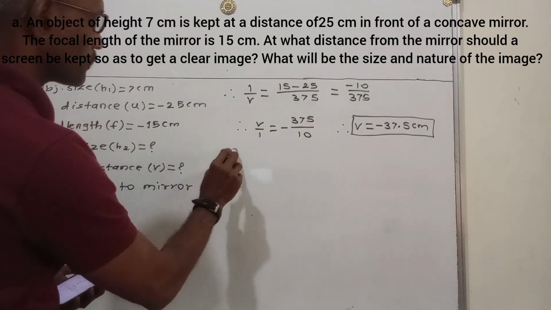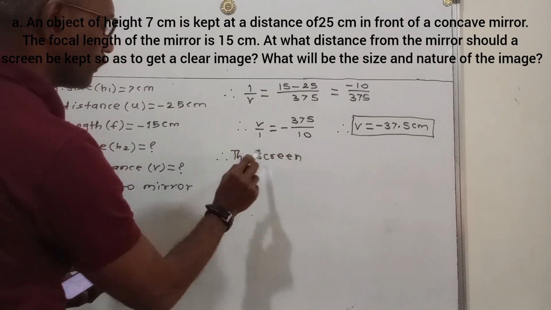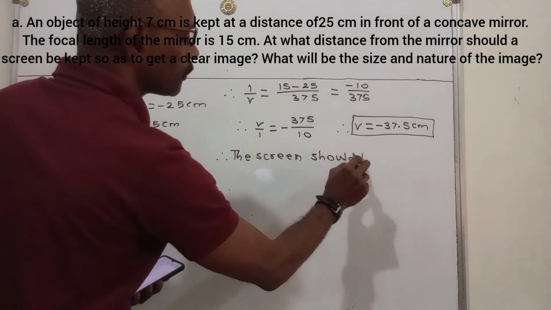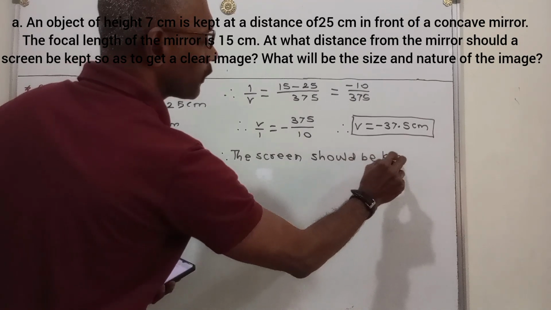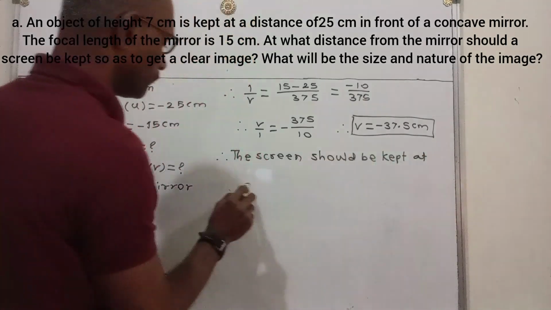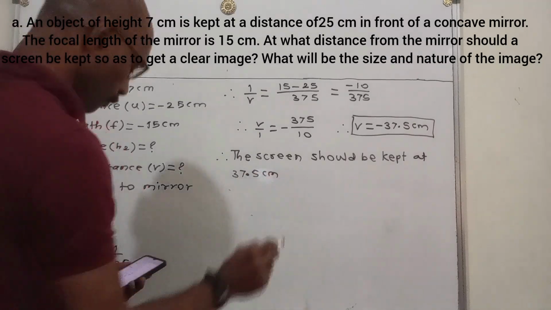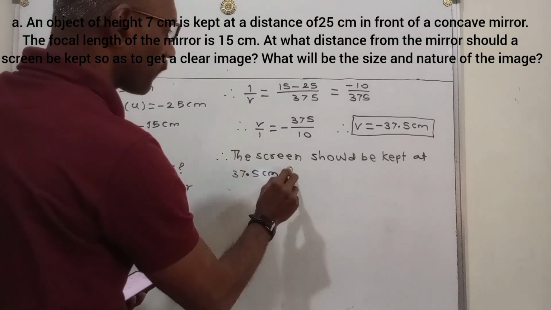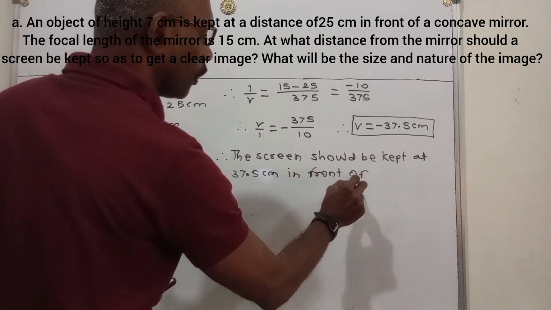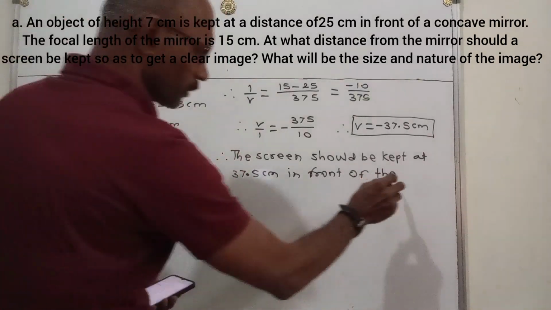Therefore, the screen should be kept at 37.5 centimeter in front of the mirror, that is concave mirror.